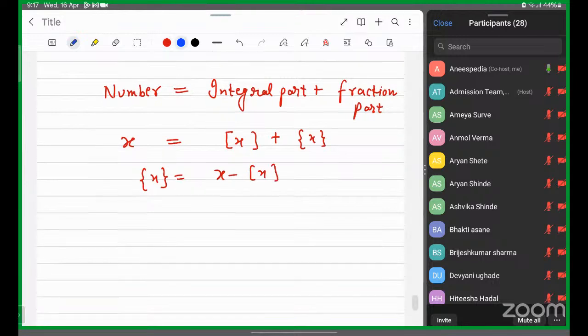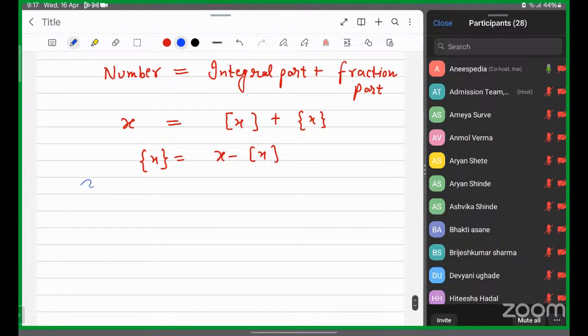The property of the fractional part function is that if you give it some input, let's say 0.1, it will give the answer in fractional values. So the fractional part of 0.1 is itself 0.1. If I write 1.2, the fractional part will be 0.2, because in 1.2, 1 is the integral value and 0.2 is the fractional part.